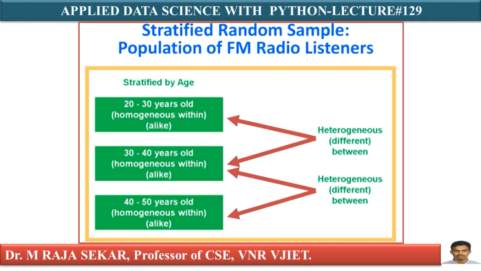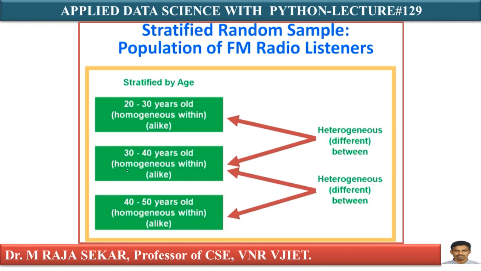Why is it reducing sampling error? In the first slide itself, we were saying that it reduces sampling error, isn't it? Why? Because you can find representatives of all types of people in my sample, so that I can reduce sampling error. If you choose any member from 20 to 30, all will have similar characters.